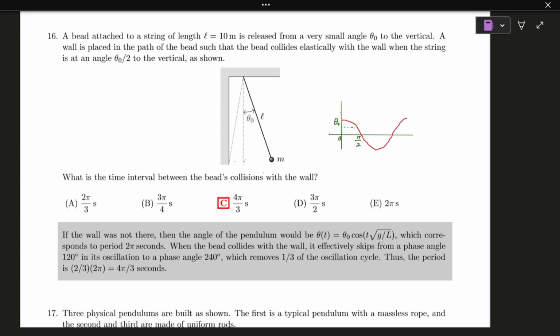In any case, it's a sinusoidal function, and the angular frequency omega is given by the square root of g over L. You better memorize all of that. You don't want to be deriving those on the spot, right? So that's the first thing.